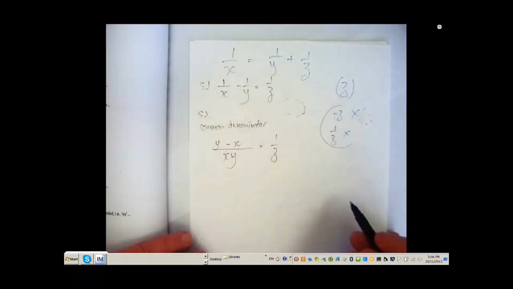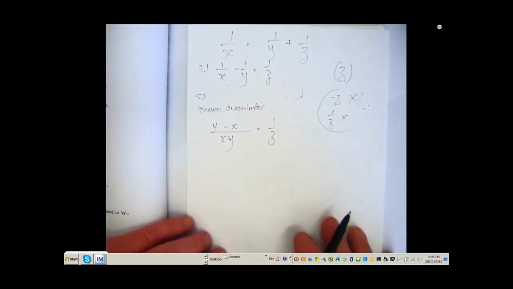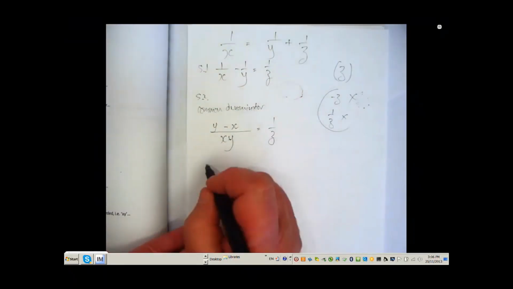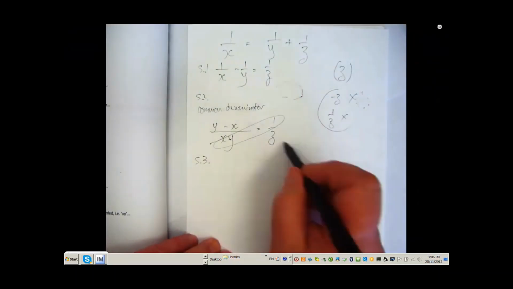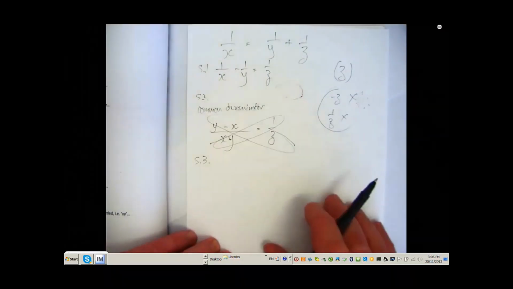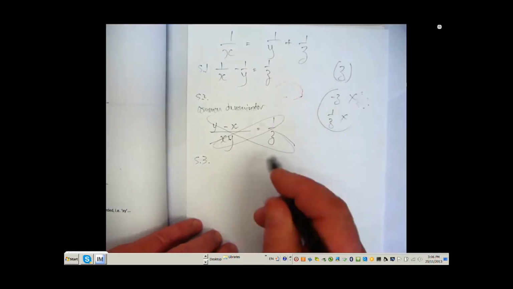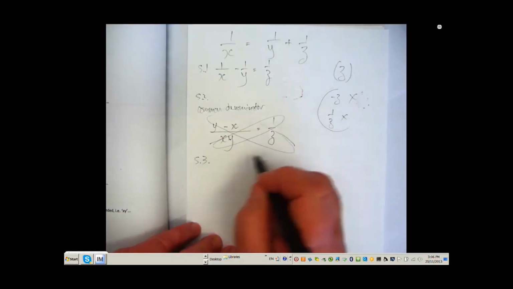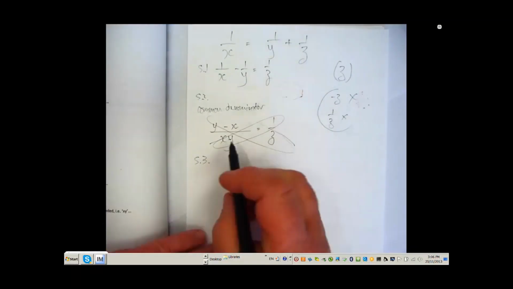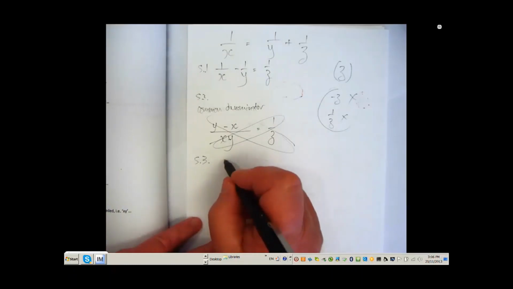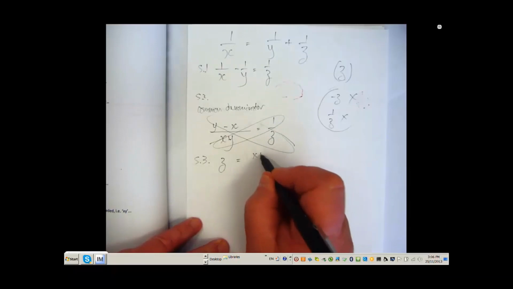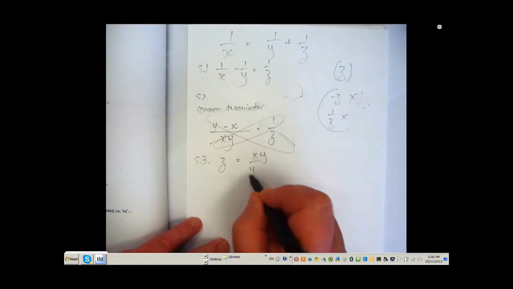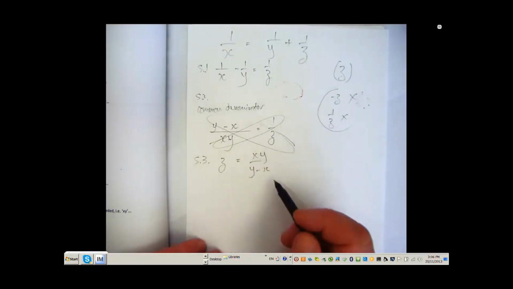equals 1 over z. Now at that stage, that's about as far as you can go for both sides. So now we cross multiply there. Okay, we can do that now. Quite simply. Or you can just tip it upside down. That's another quick way. So you can say z will equal xy over y minus x.